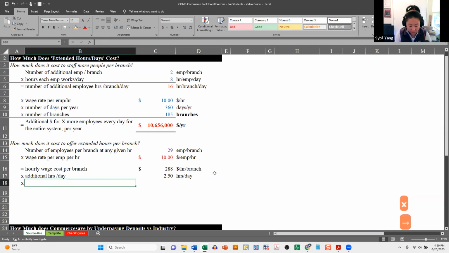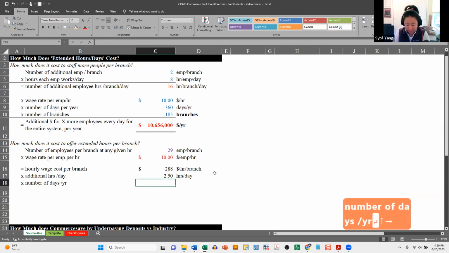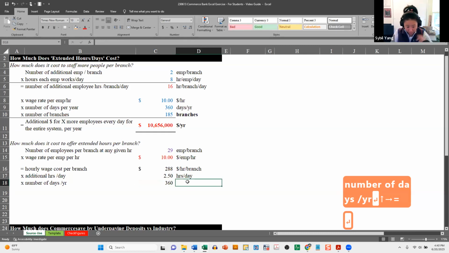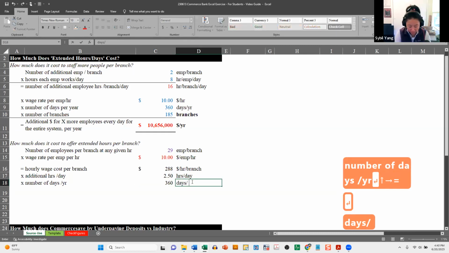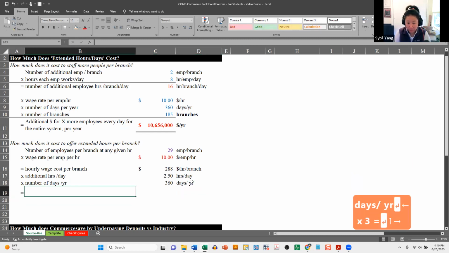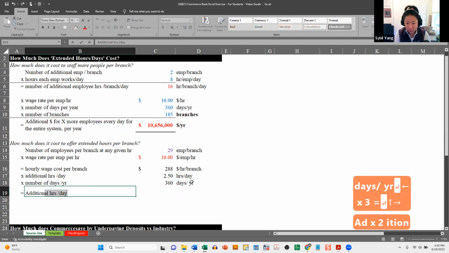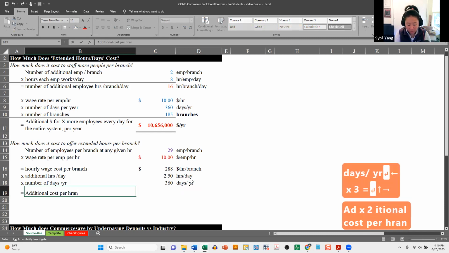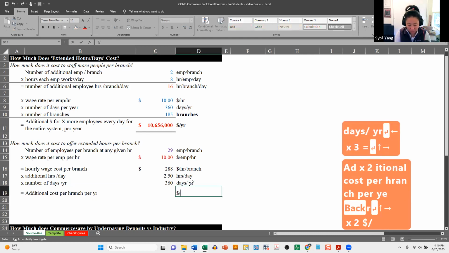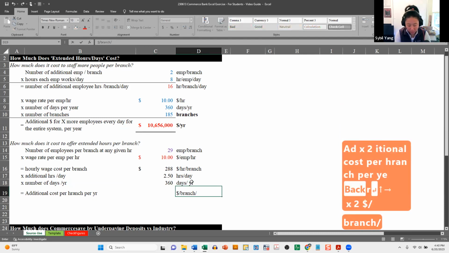So number of days per year. And again, I want to make sure that I'm consistent, so I'm just going to reference the number of days per year above. Okay. And that gets me to an additional cost per branch per year. And this should be dollar per branch per year.